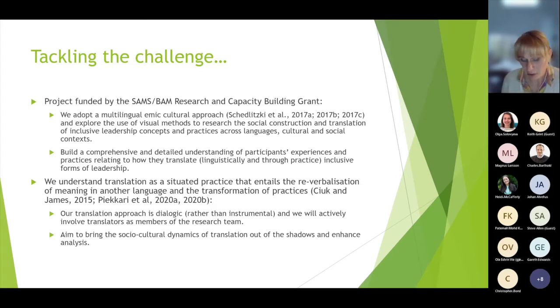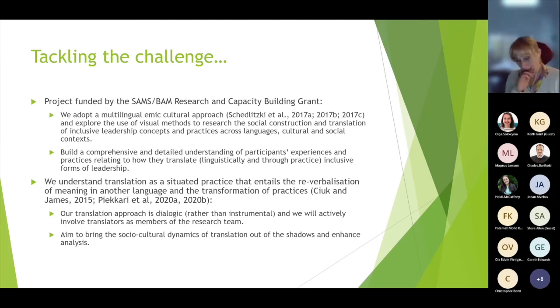And as I said, the visual aspect of it will be that participants will go away, take images of something they connect with leadership, in particular inclusive leadership, and then bring that into the one-to-one interviews, to really talk from within their own world, language, and sense making, and talk about issues that for them represent inclusive forms of leadership.